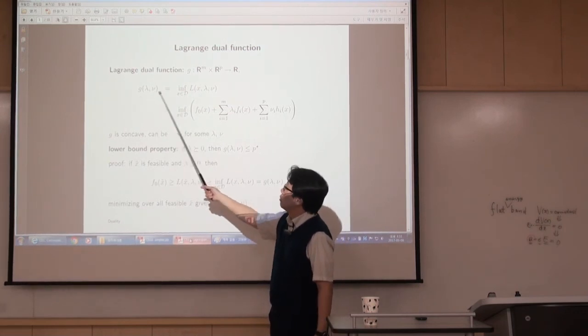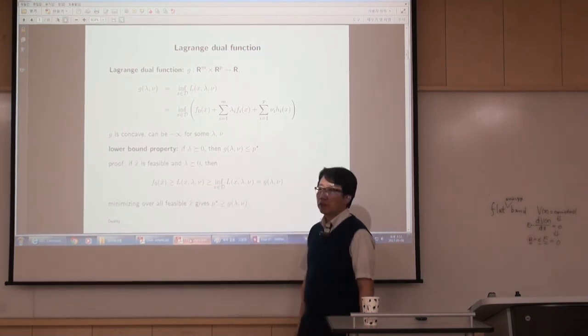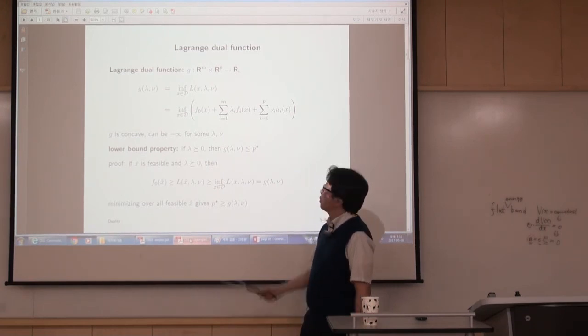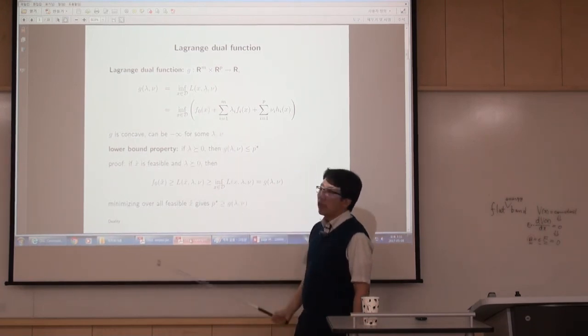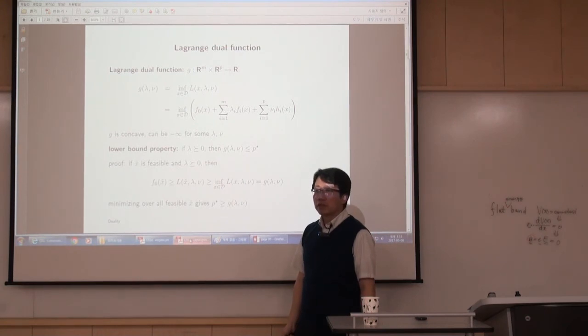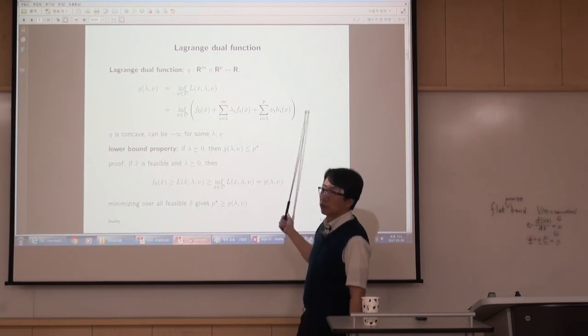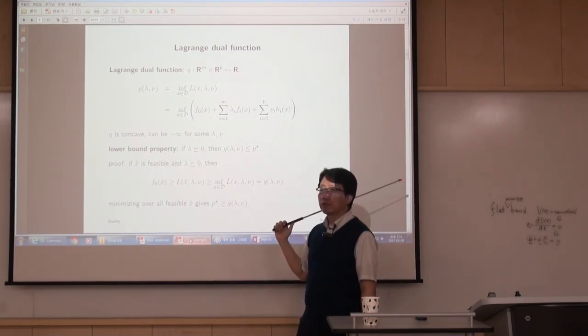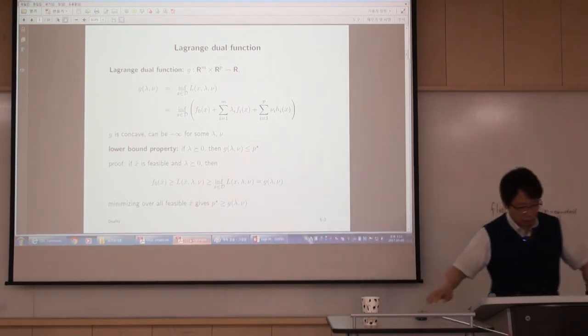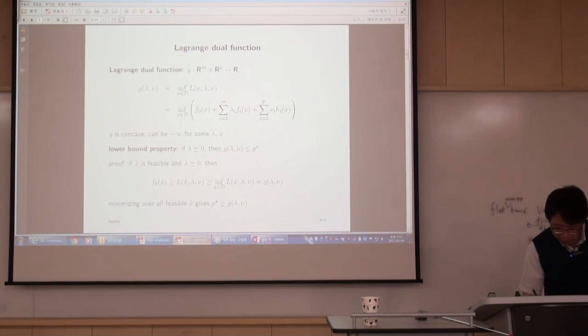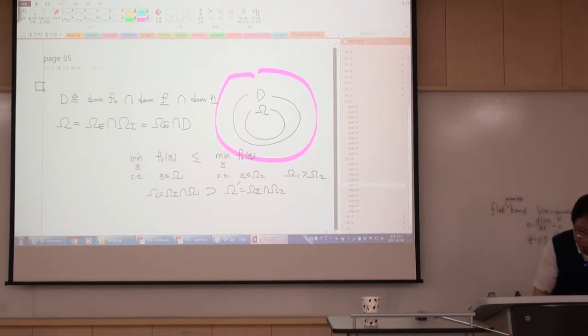So what is this value? Is it always smaller than our optimal function value when lambda is greater than or equal to 0? Are you sure? So let's write some lines, because it's really confusing. Okay.